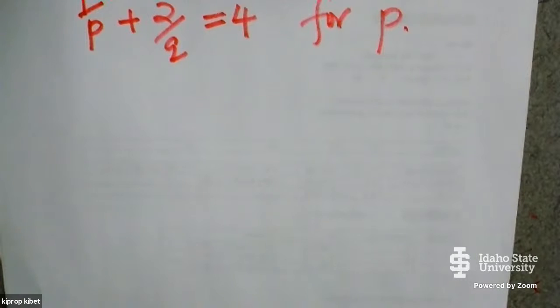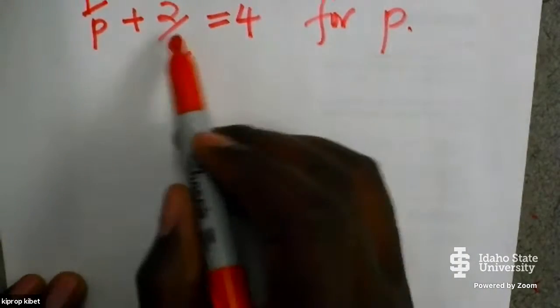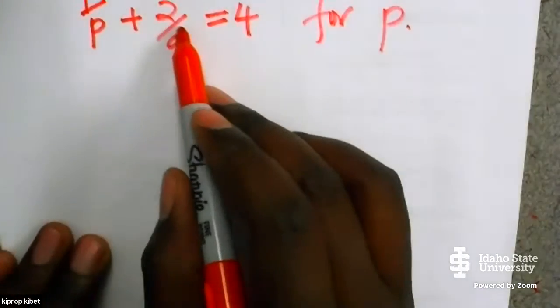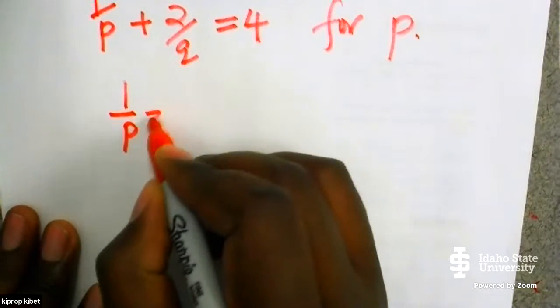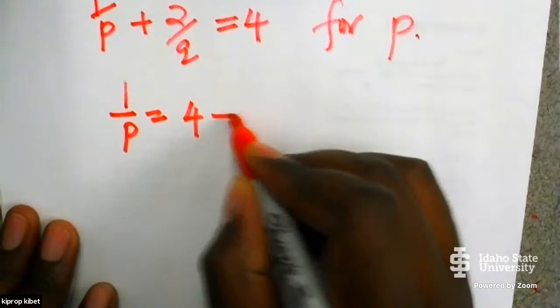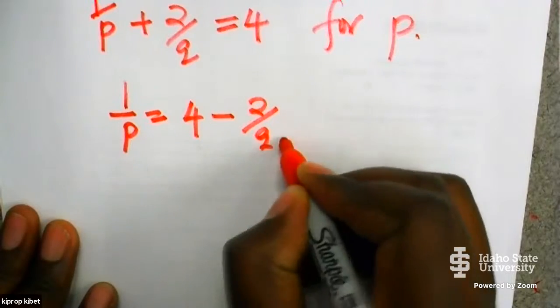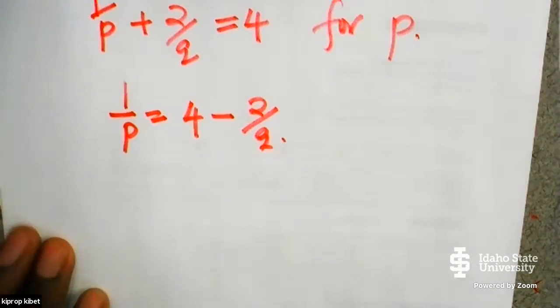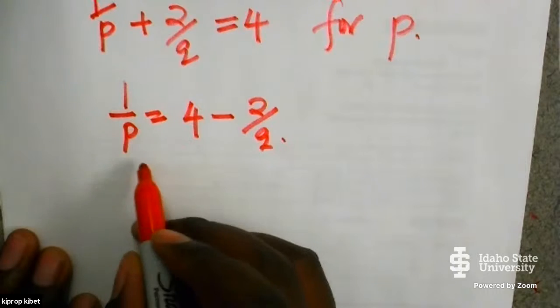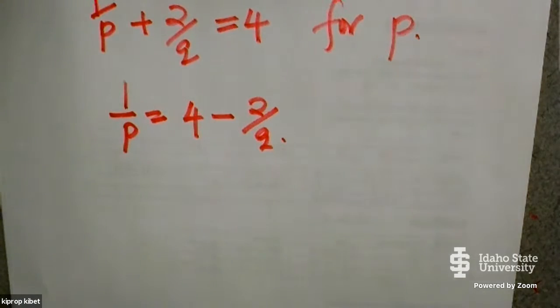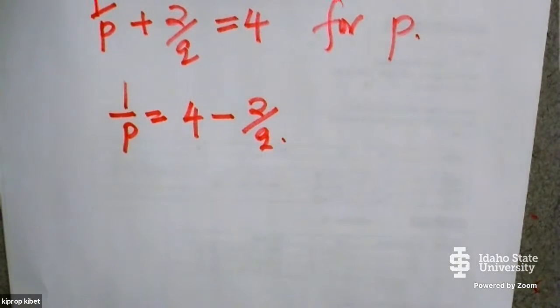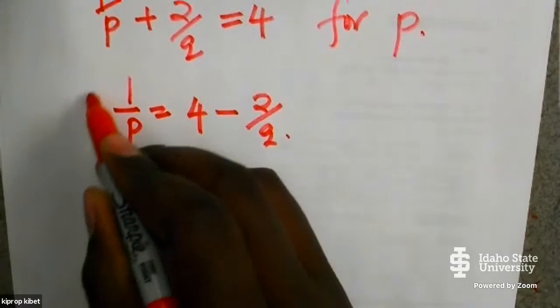So one way was to take 2 over q to the other side, so it will be 1 over p equals 4 minus 2 all over q. Because you are trying to make p the subject, you switch, taking this one up here.